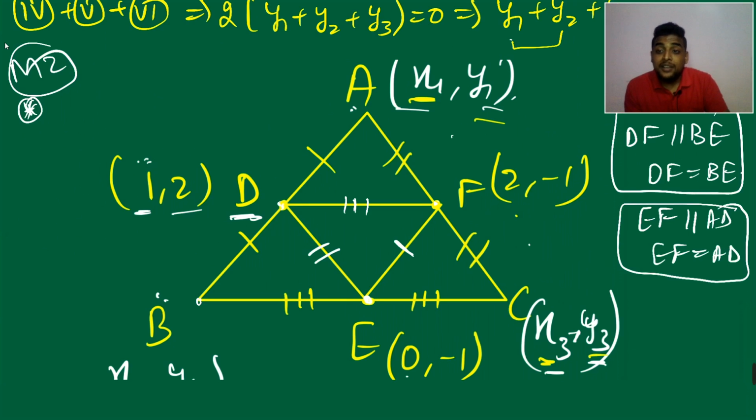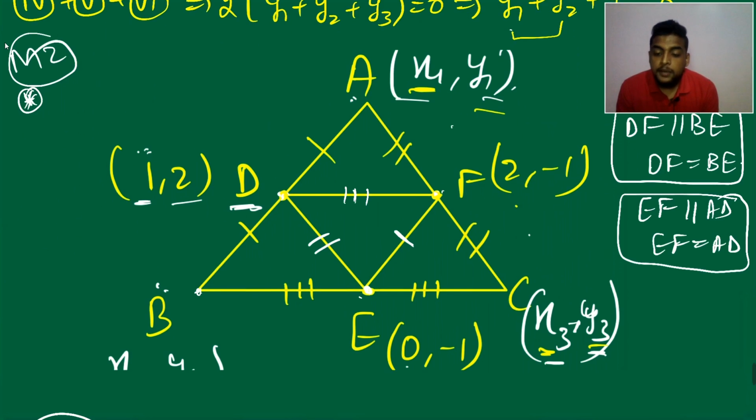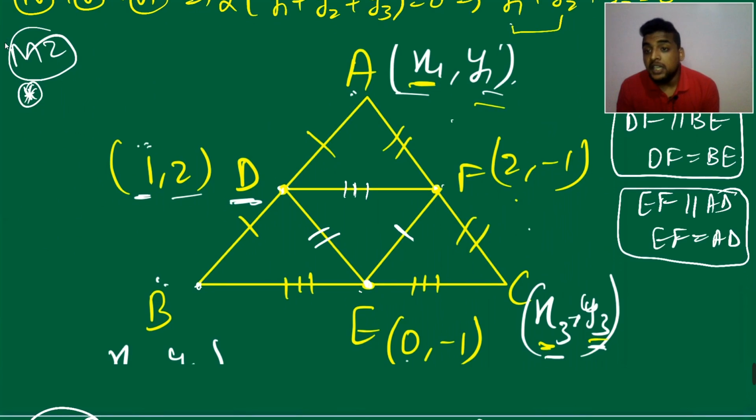Now everyone, please think. Can I say BDFE is a parallelogram? Okay, why am I saying BDFE is a parallelogram? Because BD is equal to EF and BD is parallel to EF.